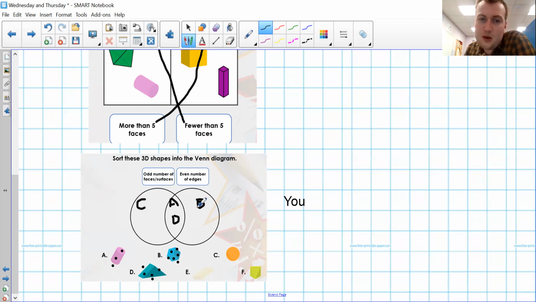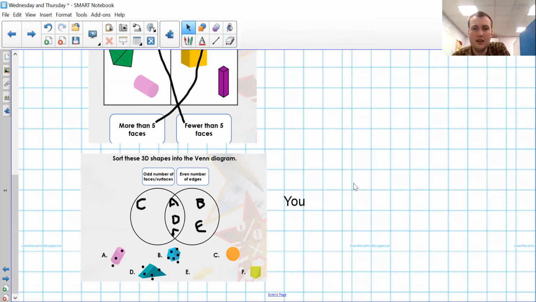So it doesn't fit this one, but it does fit this group. And then F, I'm trying to see what that is. So we've got 1, 2, 3, 4, 5, 6, 7, 8 edges, and 1, 2, 3, 4, 5 faces. So F will go there, I think. Maybe I'm not seeing that shape properly. It's not the best image, okay?